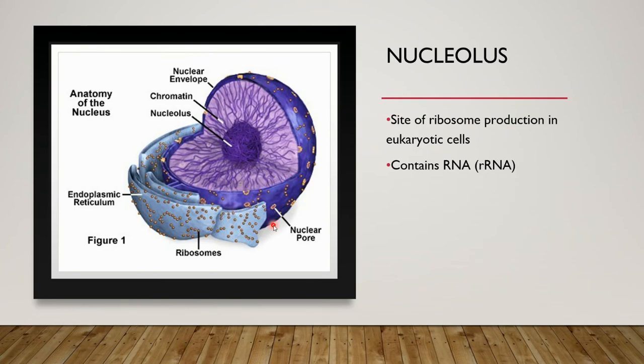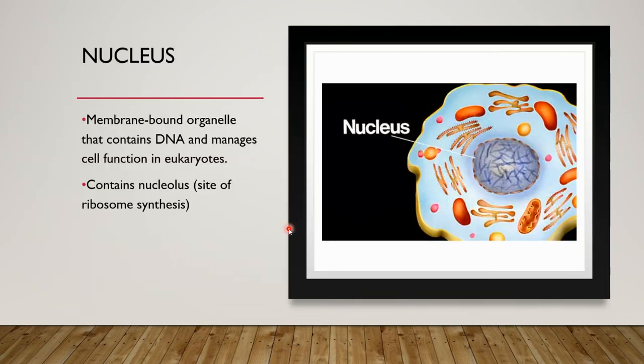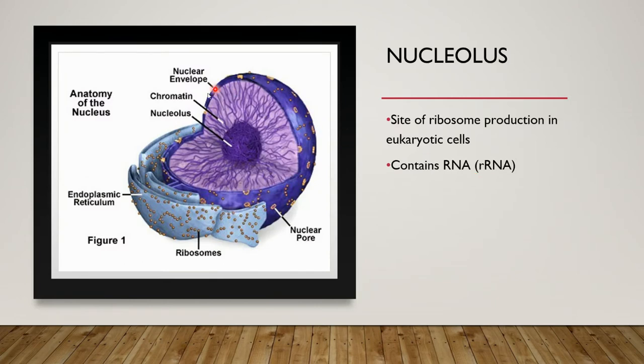Zooming in on the nuclear area, you will find a darker area inside that has a core called the nucleolus. The nucleolus is important because this contains RNA, known as ribosomal RNA, and this is where ribosomes are produced.